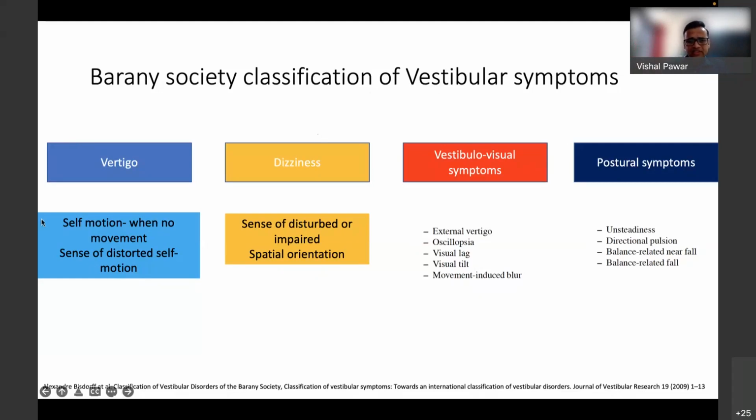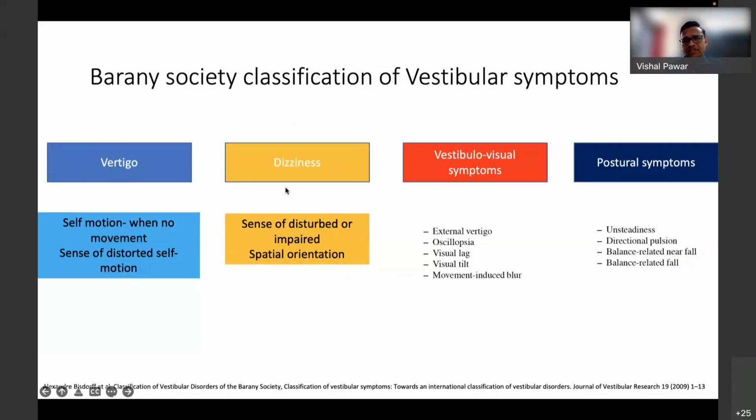Dizziness earlier, according to the American literature, was an umbrella term which included vertigo, syncopal dizziness, and other varieties. But the Barany Society and European literature from the beginning had a distinction between vertigo and dizziness, and they have come up with a classification and clarified that dizziness is not an umbrella term, and it is one of the vestibular symptoms, the second type.